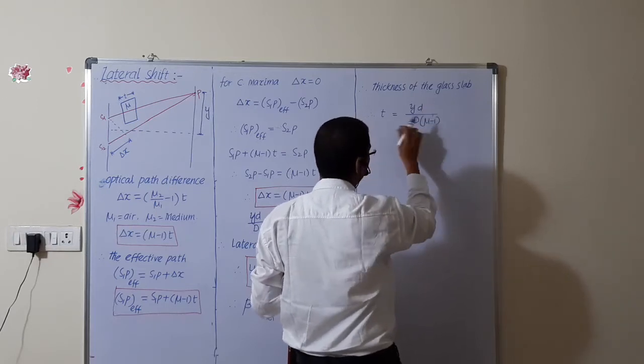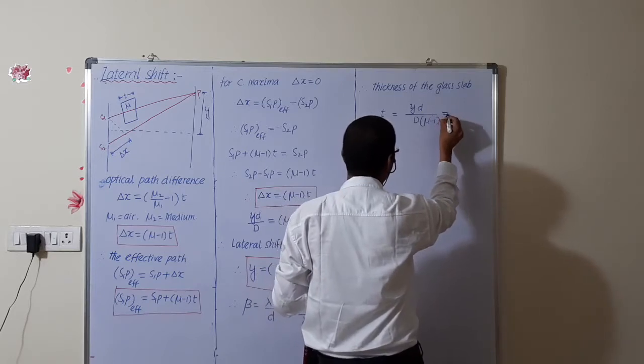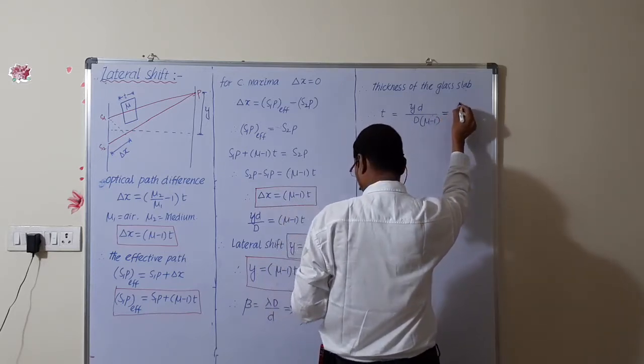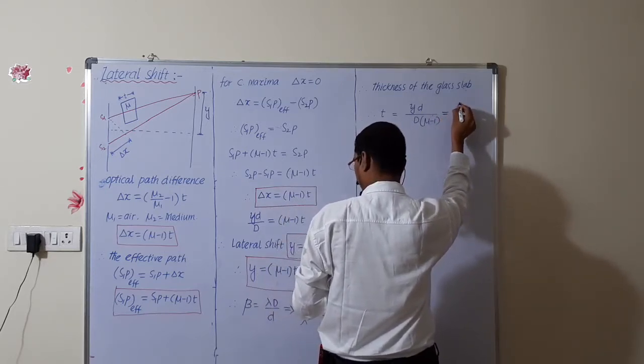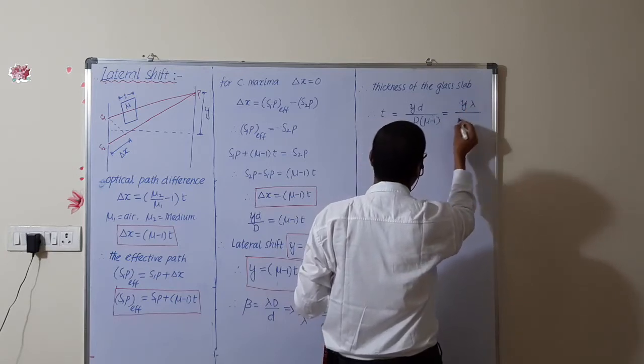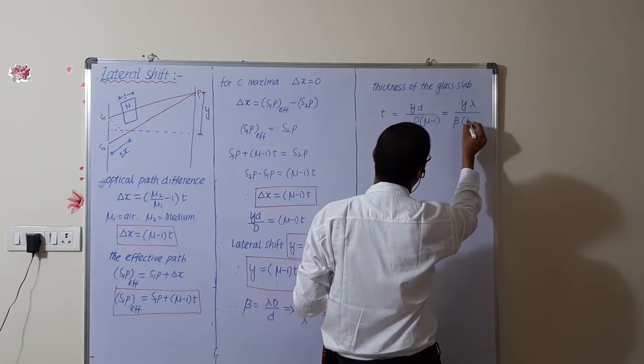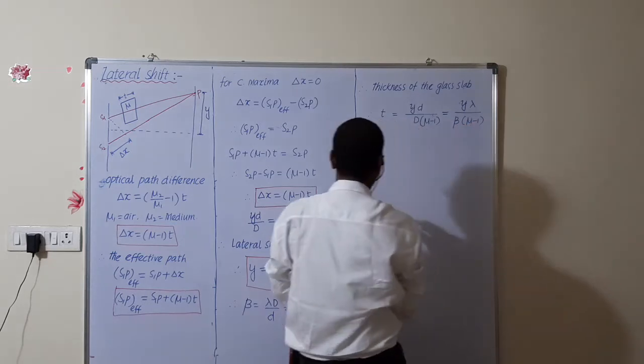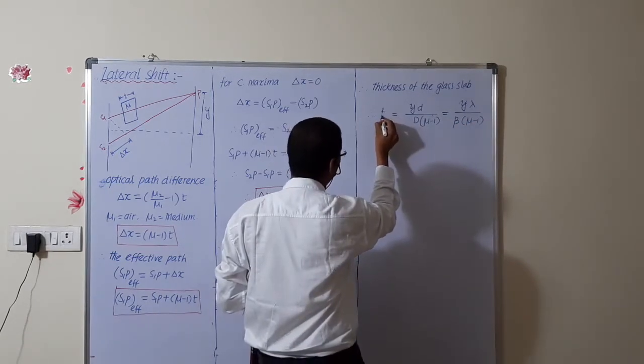It is in terms of beta, or we can write this value as y lambda upon beta into (mu minus 1). It is the thickness of the glass slab.